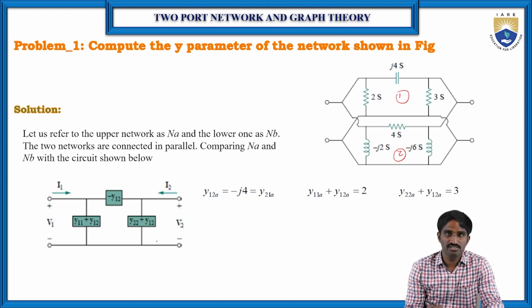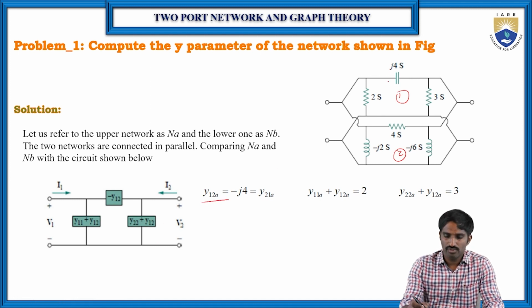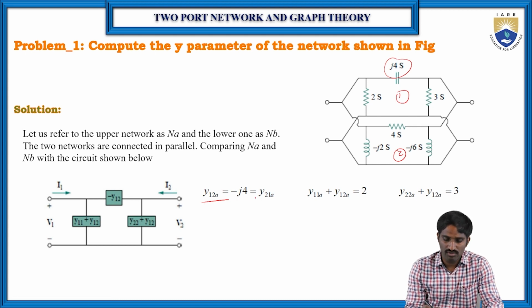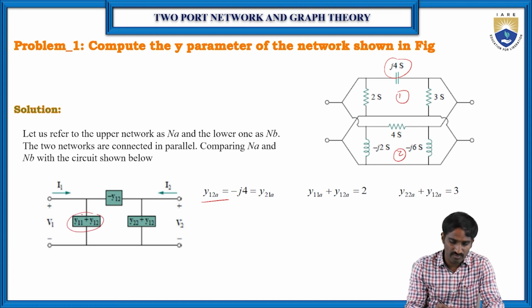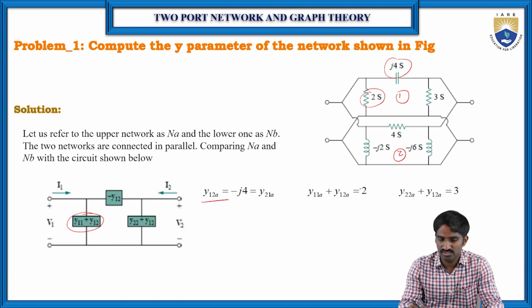Just compare with these. Here Y12, in the place of Y12, you are having minus Z4, which is equal to Y21A also. Similarly, in the place of Y11 plus Y12, here we have 2 plus j4, so we substituted that.